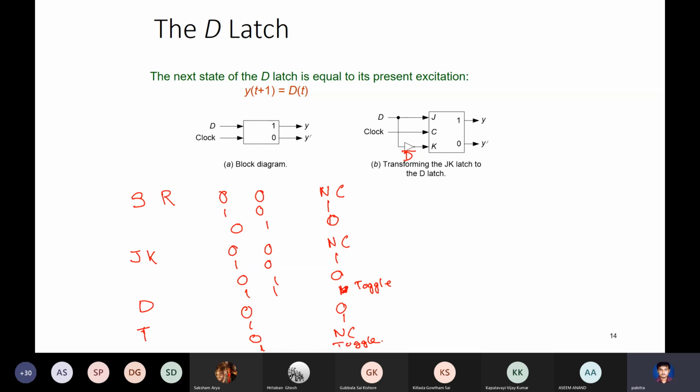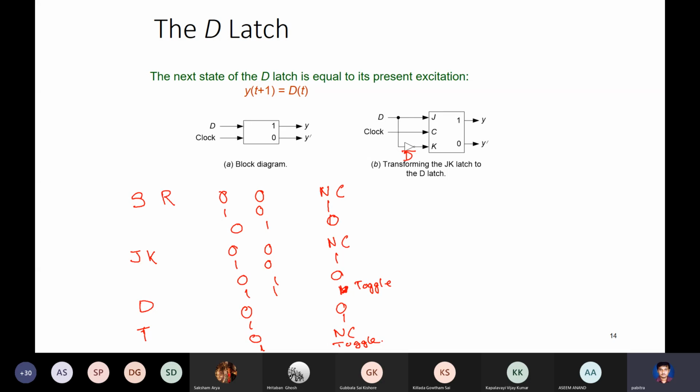So JK is a more versatile extension of SR, with the fourth input allowed, a toggle input. And D and T are reduced versions of SR and JK. They have only one input, the other input is tied to this input. D is directly whatever the input is, transferred to the output in the next step.